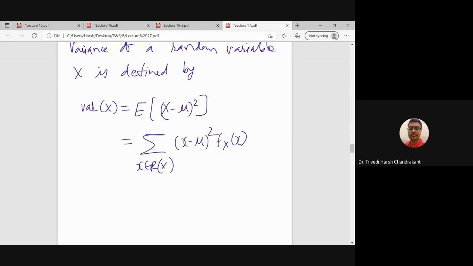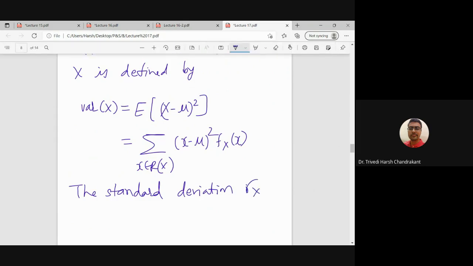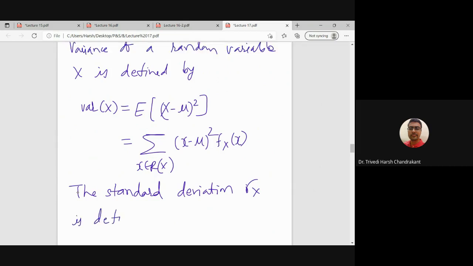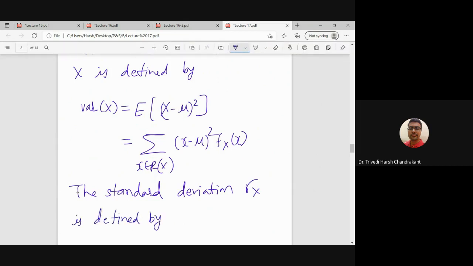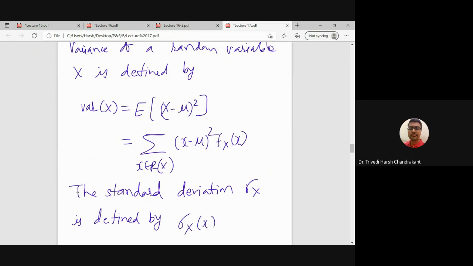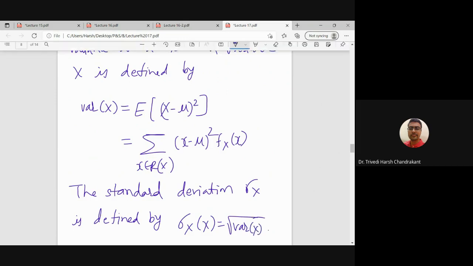So this is our variance, and then the last definition is the standard deviation. Standard deviation sigma x of the random variable is the positive square root of the variance.